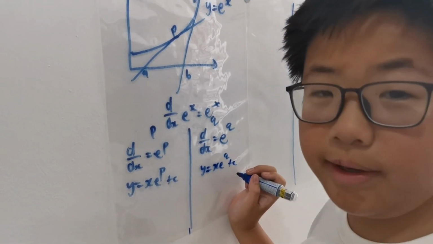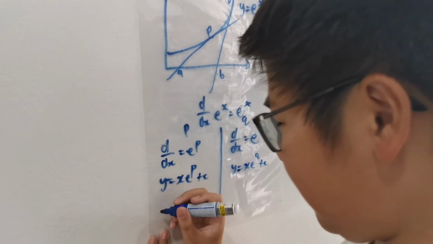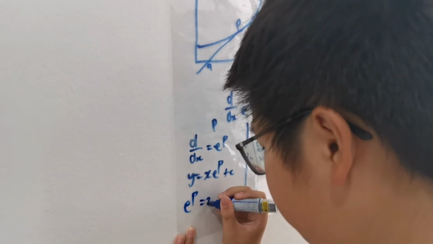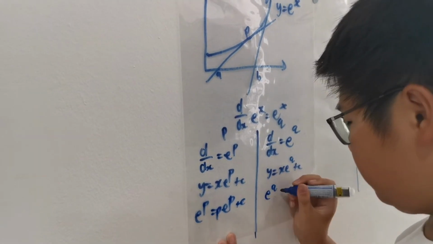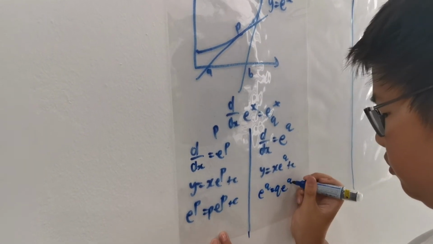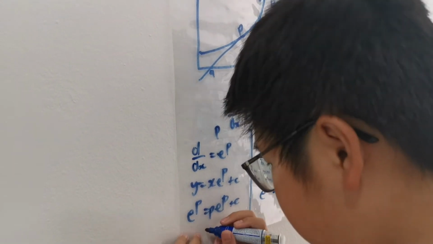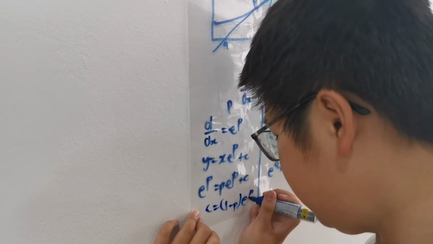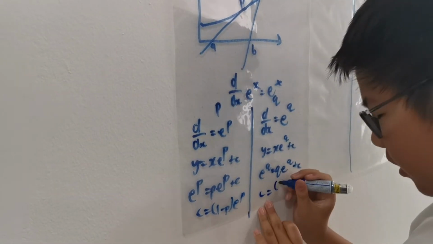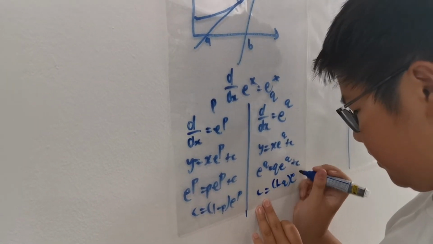And you know for our lines, that means e^p equals p e^p plus c, and e^q equals q e^q plus c. So c equals e^p minus p e^p, and c equals e^q minus q e^q.